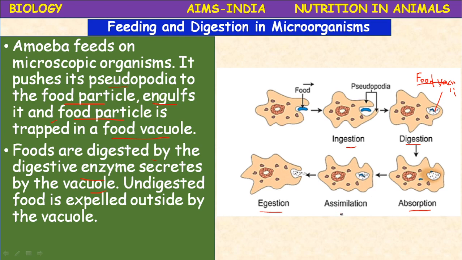Then it will assimilate, it will use it for different purposes, and finally undigested food is again expelled out from the food vacuole. That is called egestion. So this kind of nutrition is seen in the amoeba. It is a holozoic nutrition which feeds on solid particulate food materials.